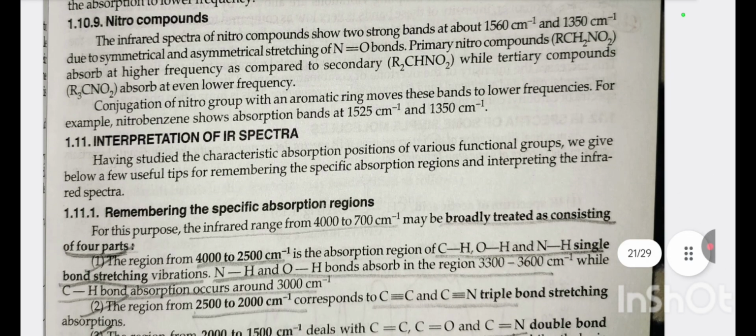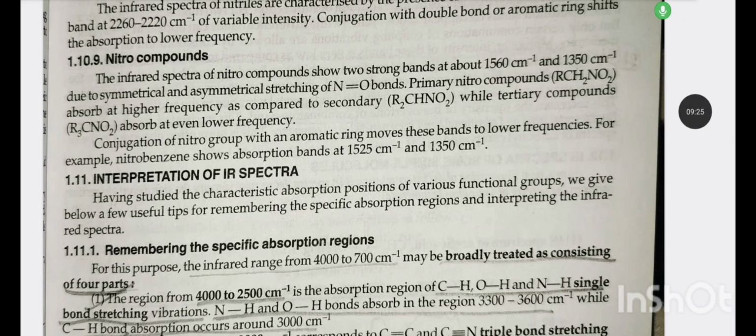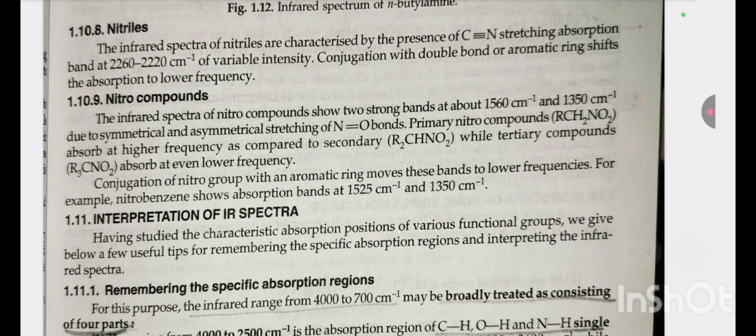Nitro compounds. The infrared spectra of nitro compounds show two strong bands at about 1560 to 1350 cm⁻¹ due to symmetrical and asymmetrical stretching of N=O bonds.